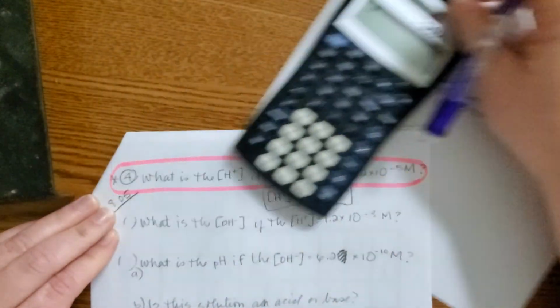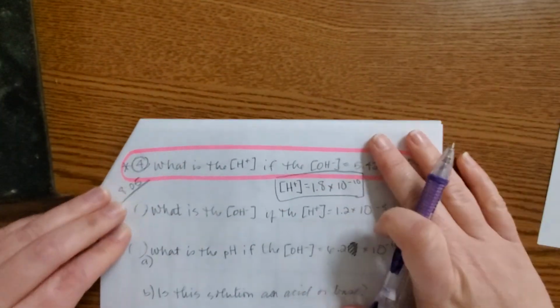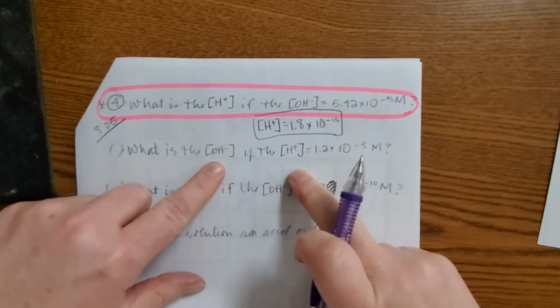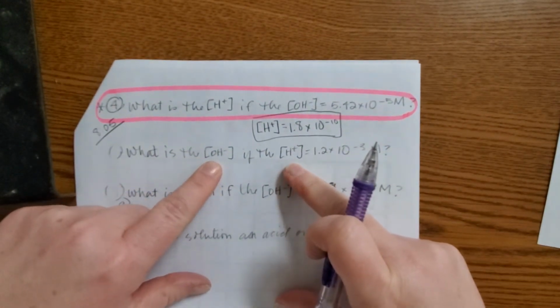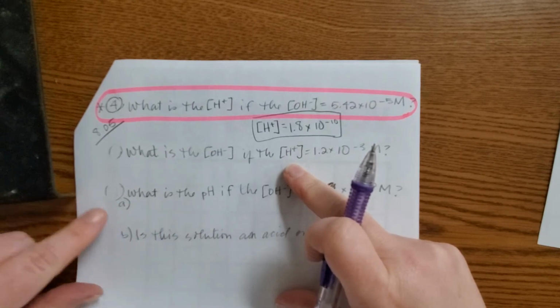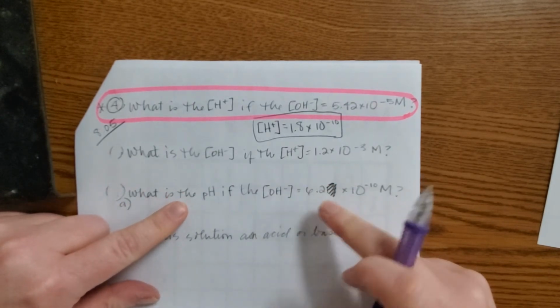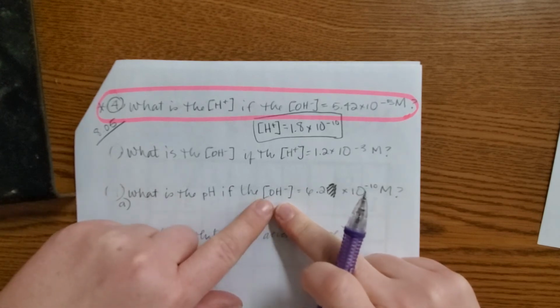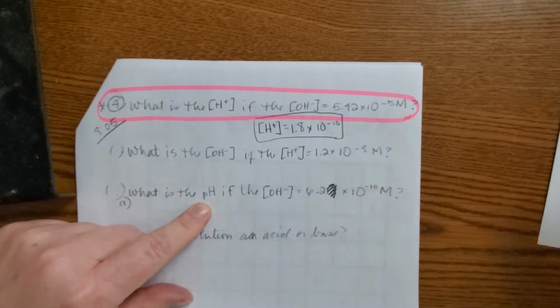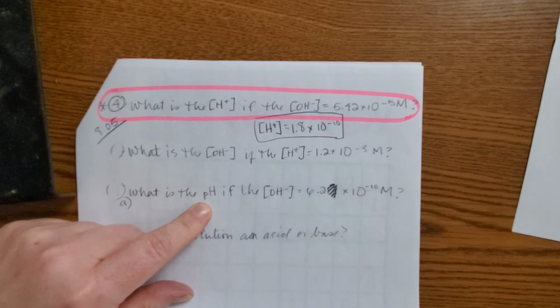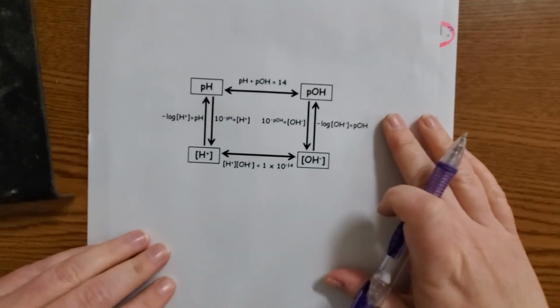A little bit of a trick question, because your next question is going to be just like the one I just did. But look at the next one. It's a two-step question. It gives you the hydroxide concentration and wants you to find the pH, which means you'll be going corner to corner.